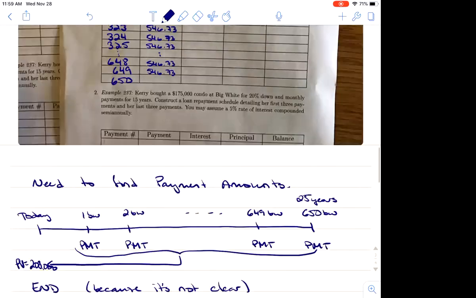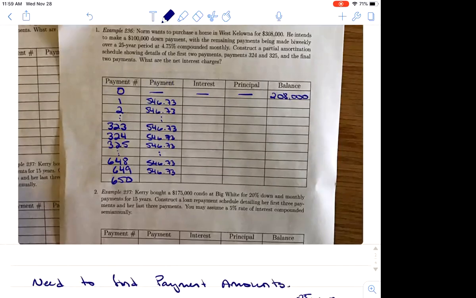Okay. So let's deal with this first line. We said that we have to figure out how much interest we have to pay on the 208,000.